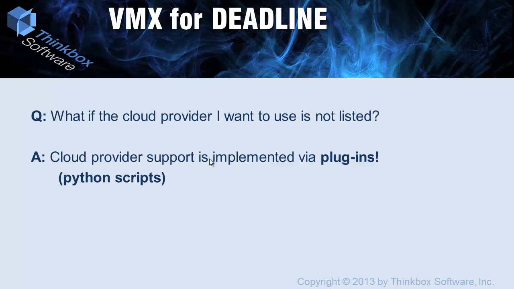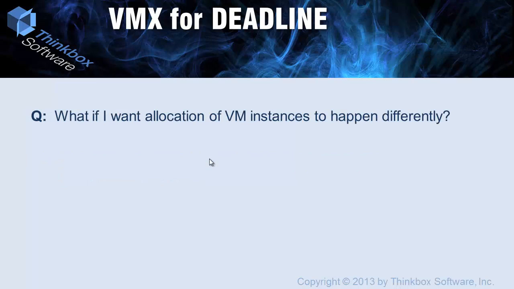So what that means is that if a provider you want is not listed, you can create your own plugin, or you can reach out to us to create the plugin. And in that way, as long as a given cloud provider has an API and has sufficient functionality to launch and terminate VMs and get their status, then that cloud provider can be controlled through VMX for Deadline.